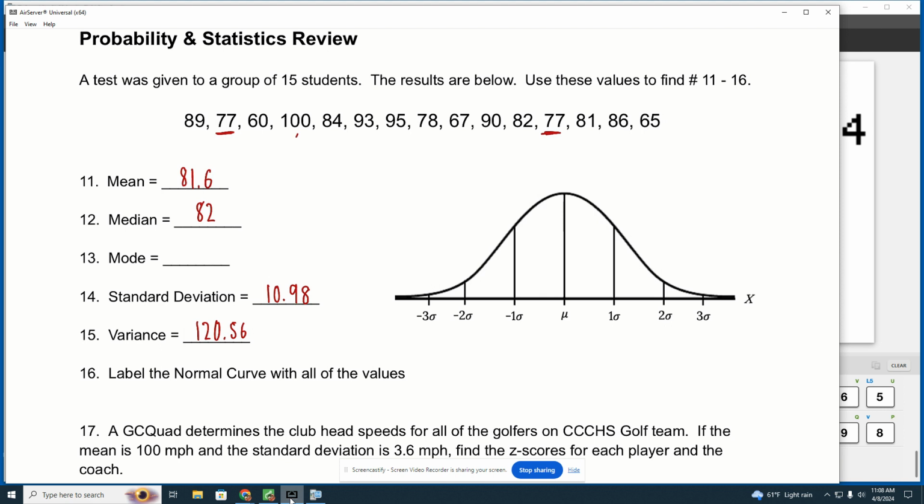How about 100? 84? 93? 95? 78? 67? 90? 82? 81? 86? 65. So the only one that's repeated is your mode. It's the only one you got to do with your own brain.